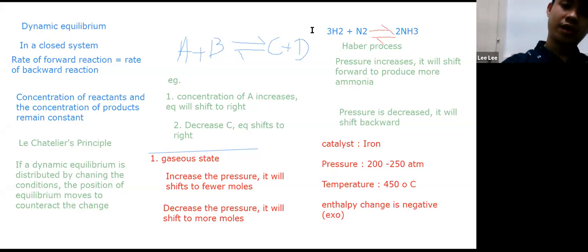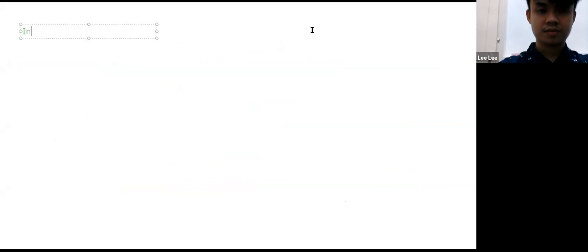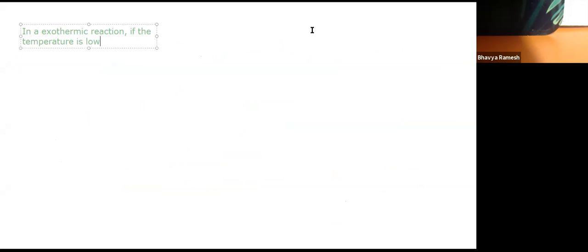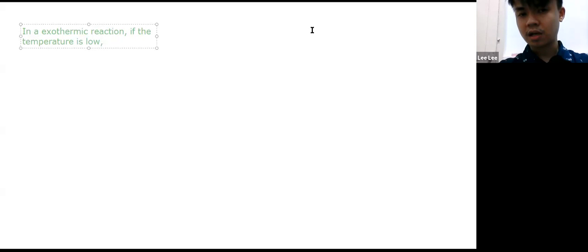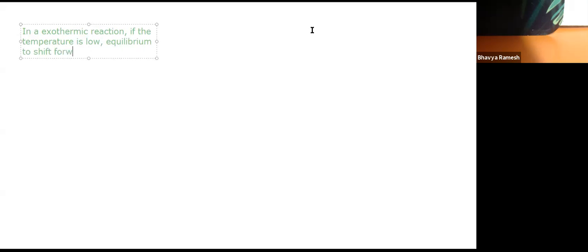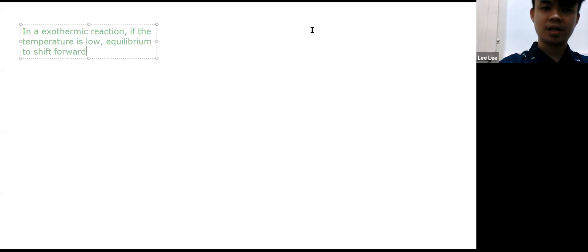Okay, so what I'm trying to tell you is, in the exothermic reaction, if you lower the temperature, you will cause the equilibrium to shift forward. Because for it to happen, you need a low temperature.